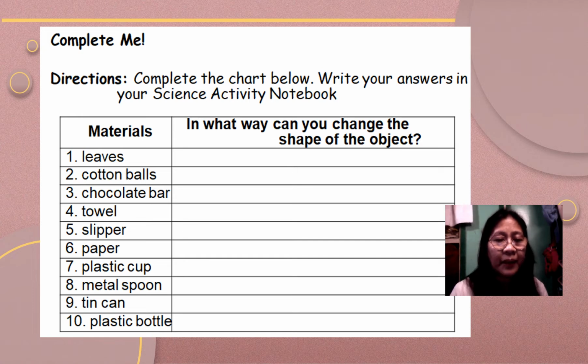Number 7, plastic cup. Number 8, metal spoon. Number 9, tin can. And number 10, plastic bottle. Now take note, you are going to change the shape of the object. What force are you going to apply to these materials?